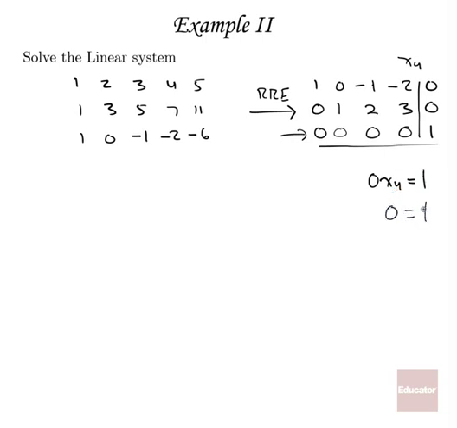It's telling me that 0 equals 1. That is not true. So again, no solution for this system, and reduced row echelon let us know that. Again, unique solution, infinite number of solutions, no solution. They also call this an inconsistent system.